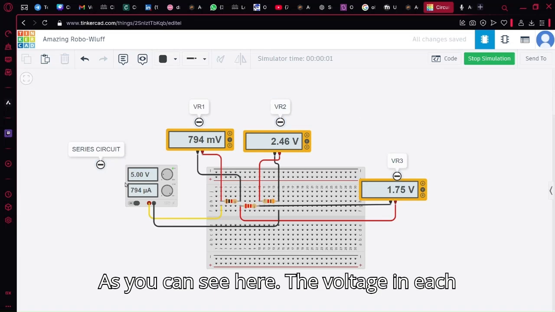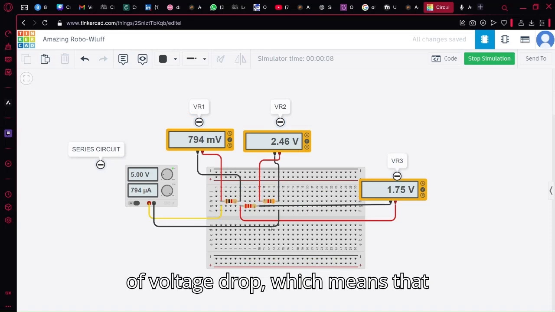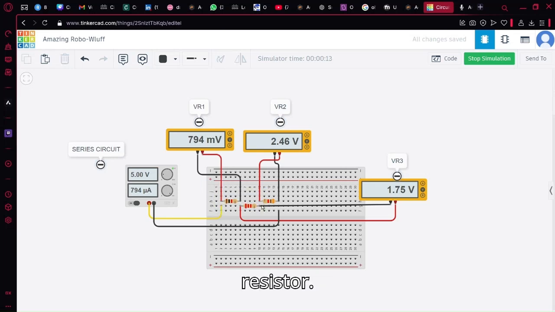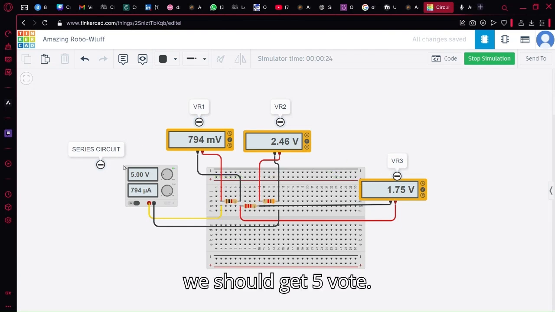As you can see here, the voltage in each resistor is different. This is because of voltage drop, which means that the voltage that flows through each resistor decreases in value. And if you add all of these values, we should get 5 volts.